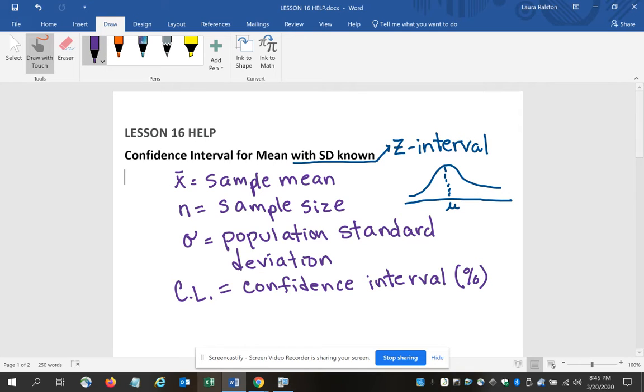And in some cases, if you have a small sample, less than 30, you also need to be told that the distribution or the variable is approximately normal. That's because, again, we're using the Z interval, and it's based on the normal distribution. So you need to know that your distribution is approximately normal. Now, there's 2 ways these problems can be presented.